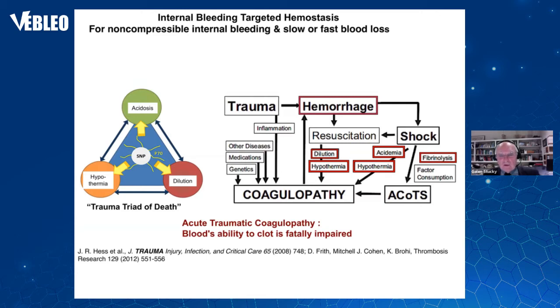So for internal bleeding, that's indicated as non-compressible wounds. It's a situation where you have, say, blunt impact, like a bicycle accident, or it could be a car accident or whatever. Internal bleeding could also be from venous bleeding, or it could be capillary, or it could be arterial.